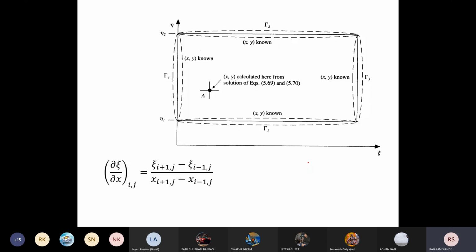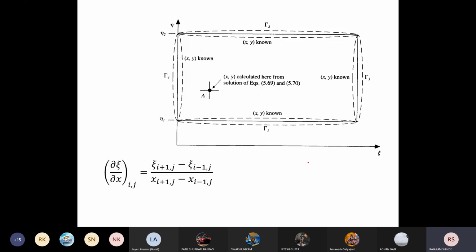In this way, as I have already told you, the transformation is a simple algebraic transformation, then a partial differential equation transformation, and a conformal transformation. Here I have shown you the partial differential equation transformation, and it is obtained from the boundary conditions.